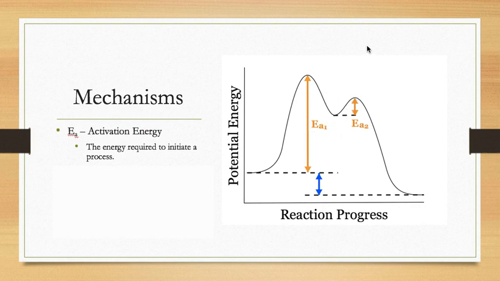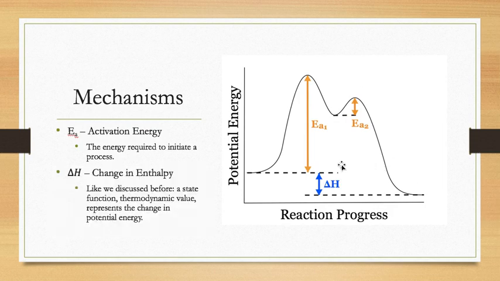But if there's a higher activation energy in the second step, like if the second peak was up here, it'd be the difference in energy of the highest peak to the reactants. So we also have, okay, so there we go, spoiled it for you. This is delta H. So this is the difference in energy between the reactants and the products. And we can also see that labeled on the potential energy diagram, the reaction energy profile. Okay, so we've already seen that delta H.